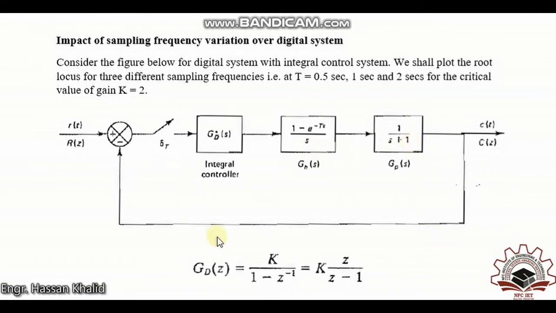The discretized form of this integral control has been mentioned over here directly, K over 1 minus z inverse, that can be simplified and written as K times z over z minus 1.